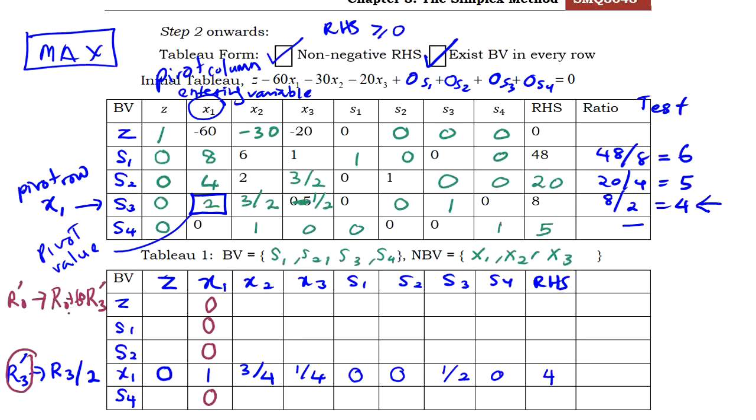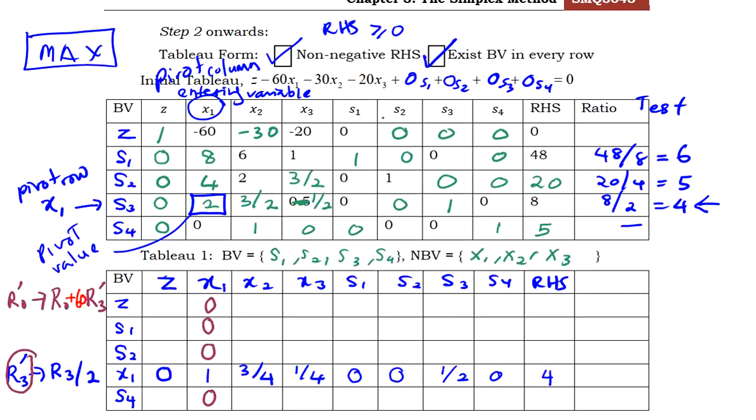So R0 new equals row 0 plus 60 times R3 new. So R3 new is 1, right? So negative 60 plus 60 times 1, we get 0 for this column.